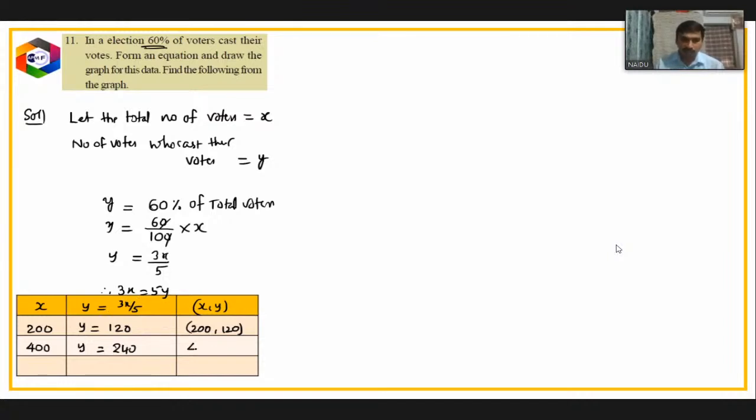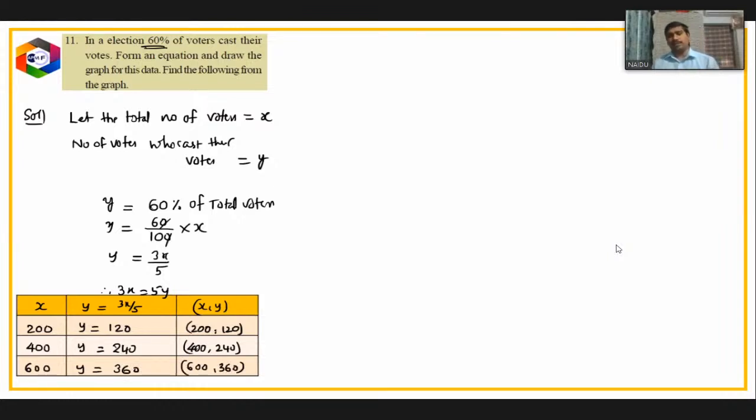So the point is 400 comma 240. Next I am going to take 600. 3 into 600 is 1800, and 1800 by 5 is 360. So this point is 600 comma 360.